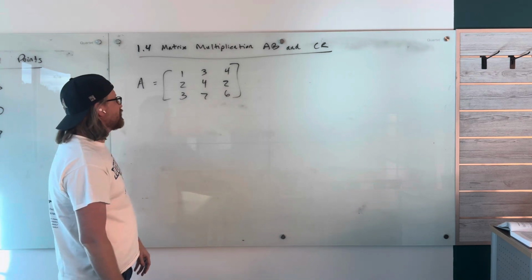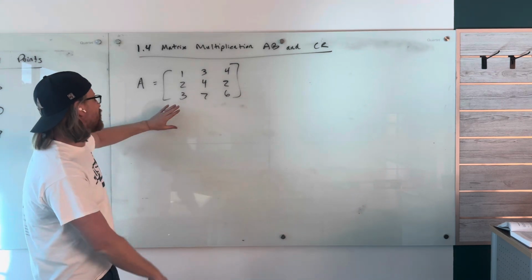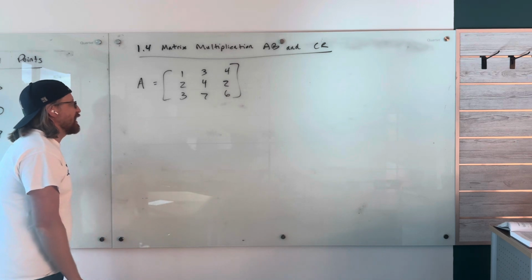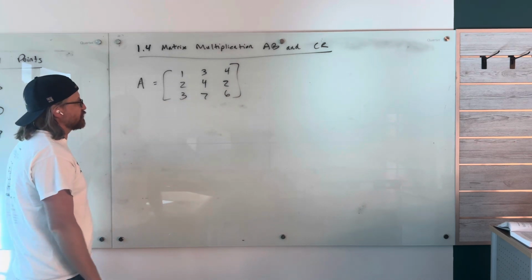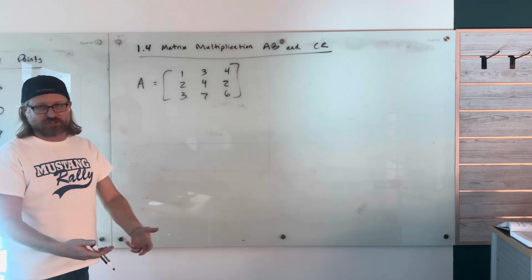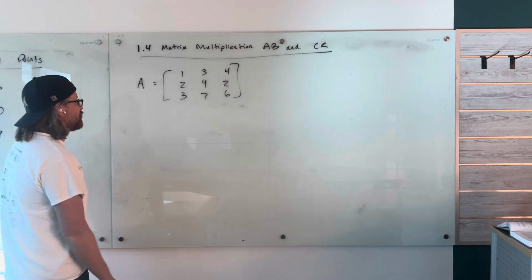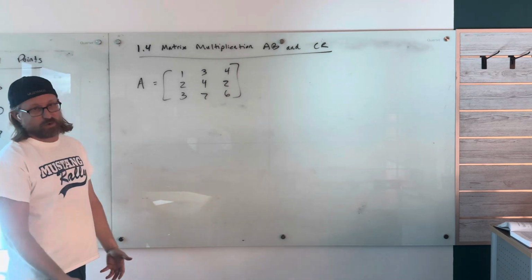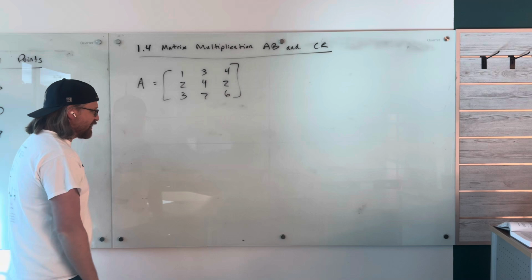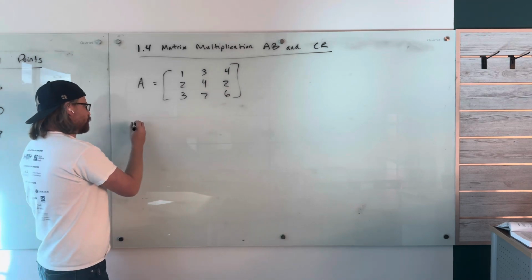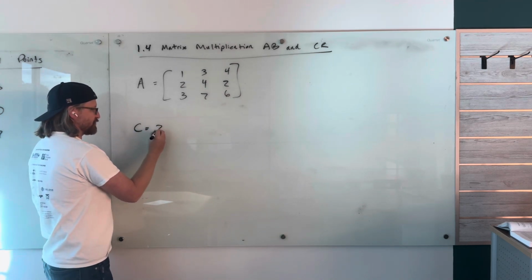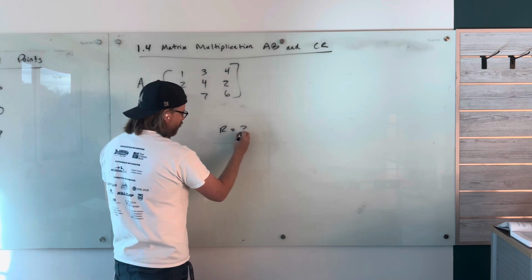To get us started, we have this matrix A. It has 3 different columns. So we have an M dimension of 3, so 3-dimensional. And even better, it's a square matrix, it's 3 by 3. What I want to ultimately figure out is what my matrix C is and what my matrix R is.